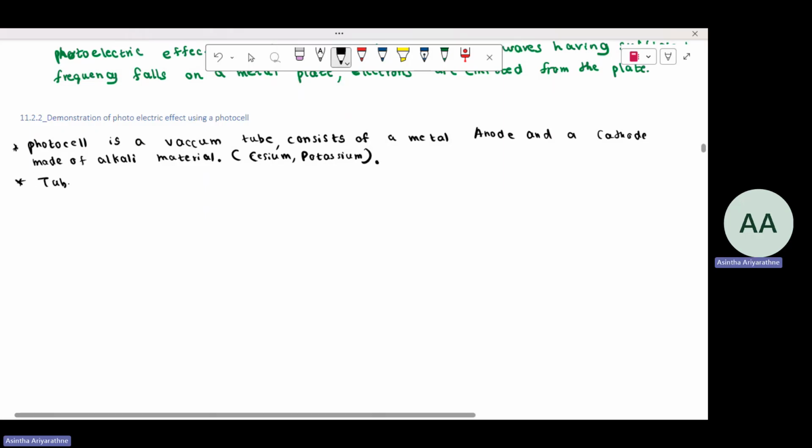So the tube is vacuum, basically a vacuum tube.